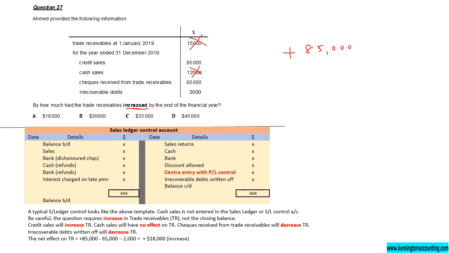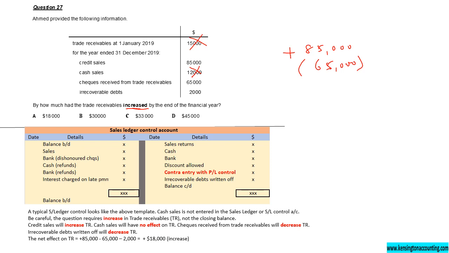Cheques received, when trade receivables pay money to the business, will reduce the amount they owe to the business. Therefore, the 65,000 is a deduction, is it not? And irrecoverable debts. So the company has decided to write off a part of the debt because some of the trade receivables could not pay or have disappeared and they won't be able to pay.